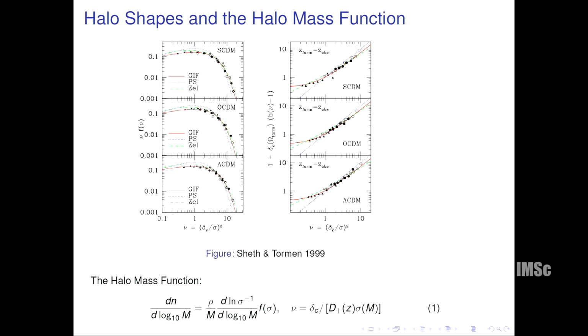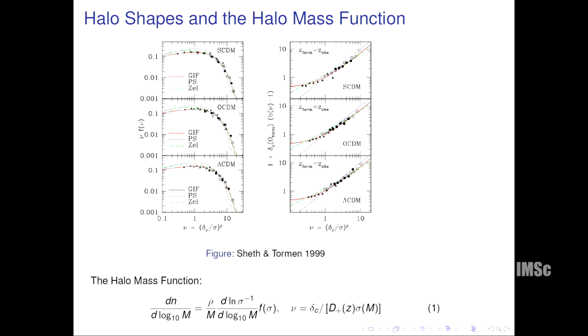So why shapes? Because what's plotted here is the halo mass function. Let's look at the pressure vector, which is the blue line. The data is from simulation, and this is the ellipsoidal collapse, that is the Sheth-Tormen mass function.